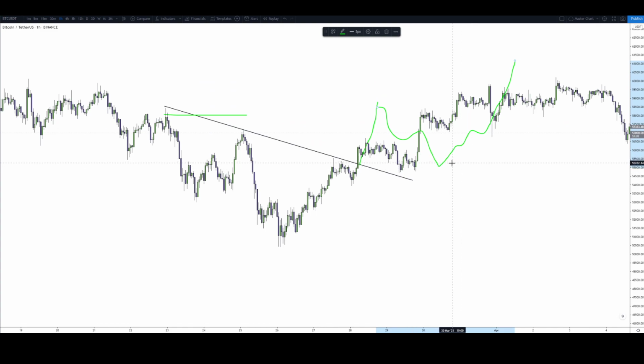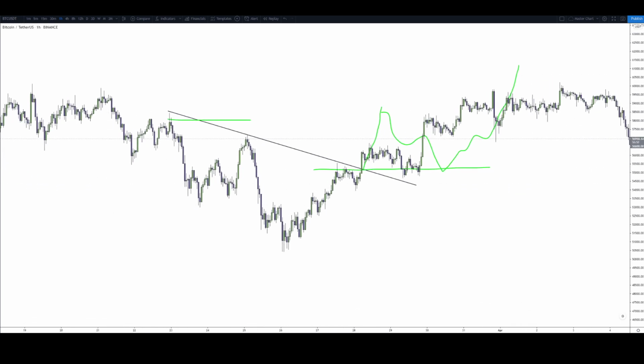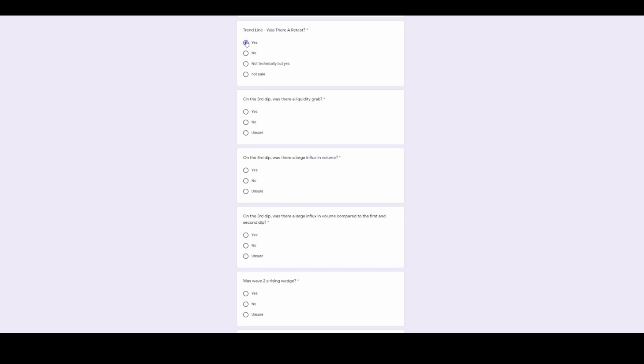So I could probably call that a retest, because on a horizontal level, it would have retested the previous high. But if it bounced here and then carried on up, then I wouldn't call that a retest, right? So if it was longer and more drawn out, but still came back to the horizontal level and bounced, then I'd be interested. So this one was a yes, but there's some other options there for you as well.